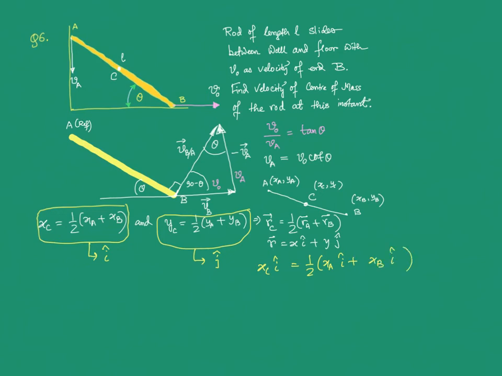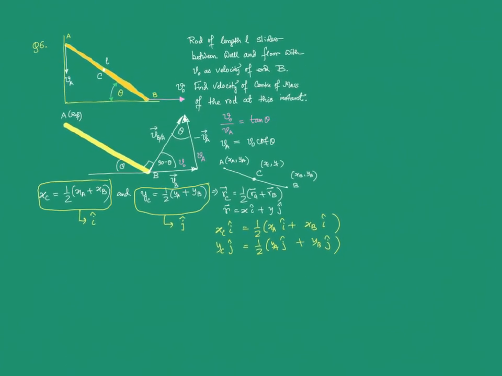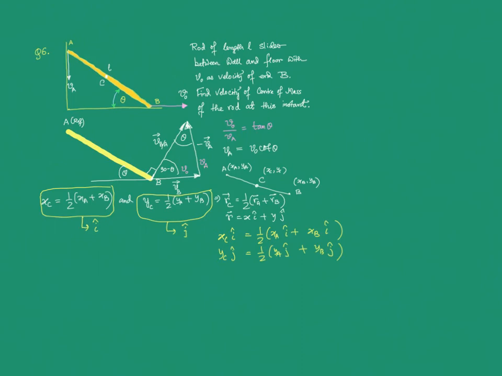Similarly, yc j cap is equal to half of ya j cap plus yb j cap. Now you just add these two expressions. So xc i cap plus yc j cap is rc.